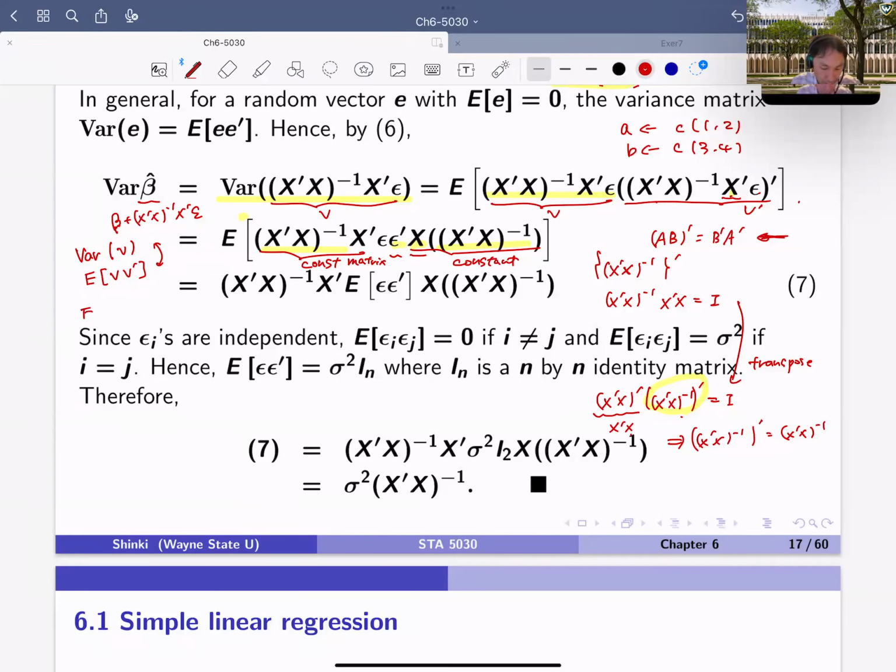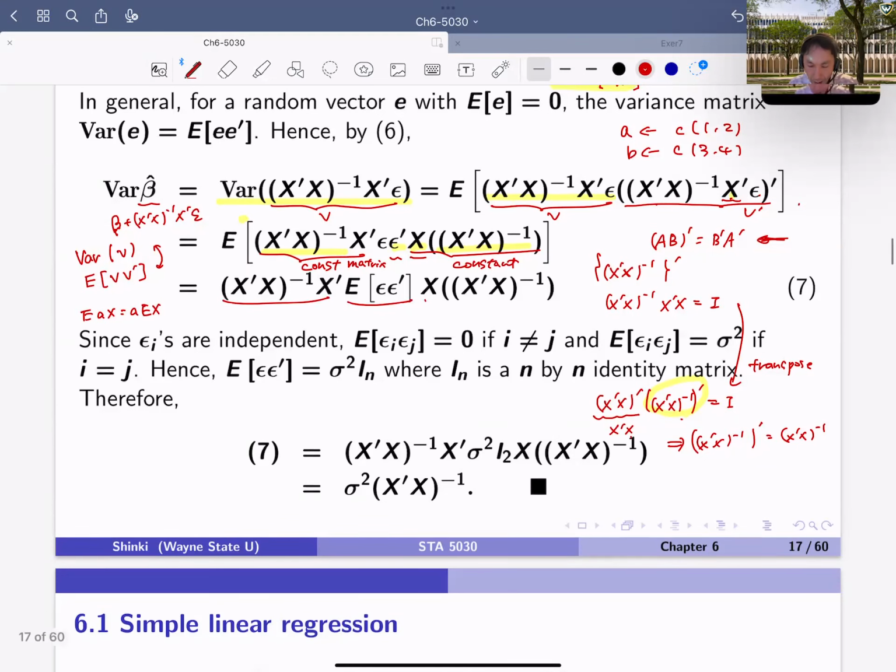Generally, expectation of AX is equal to A times expectation of X if A is a constant, and this even applies for matrices. So we can write this one times the expectation of epsilon epsilon transpose times this one.